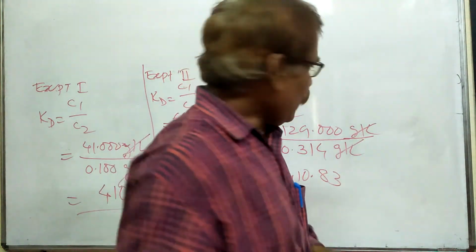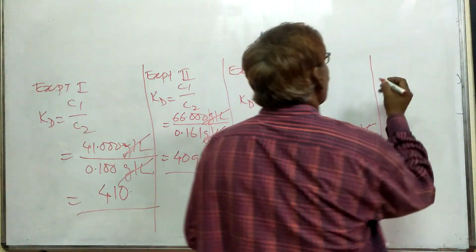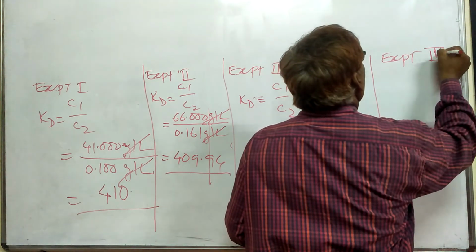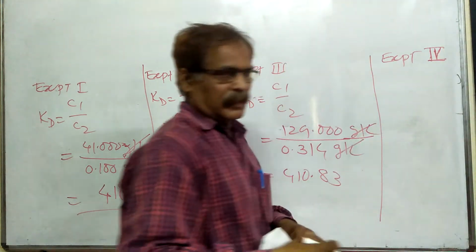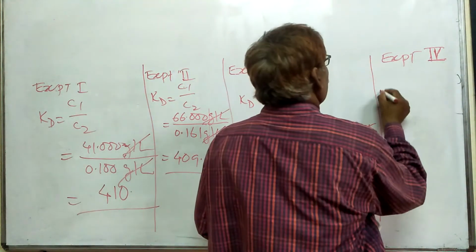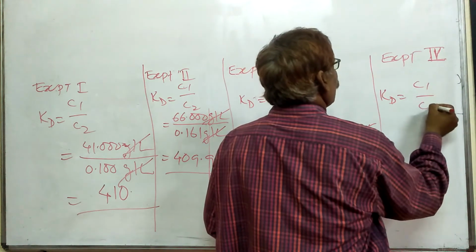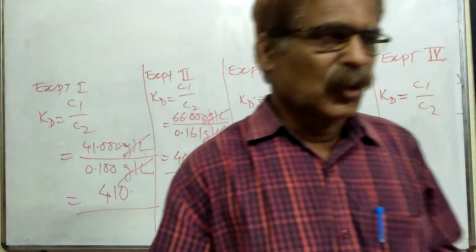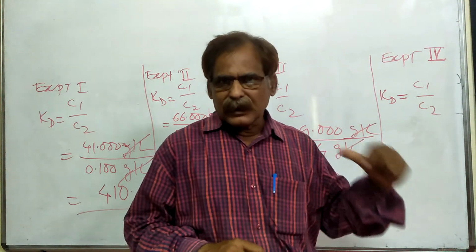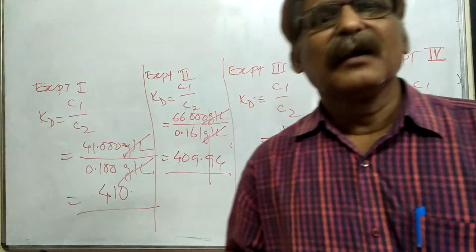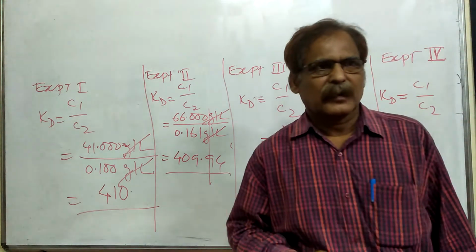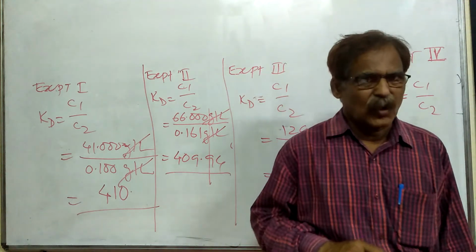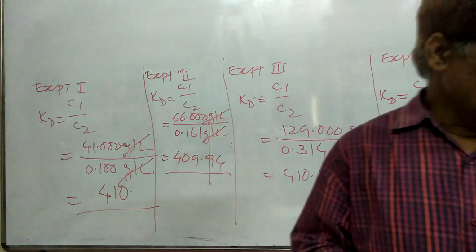Let us see the partition coefficient of iodine in case of the fourth experiment, or the fourth set of data. Here Kd is equal to C1 upon C2. We are checking whether the given data obeys normal Nernst distribution law or not, by calculating the ratio of C1 upon C2.